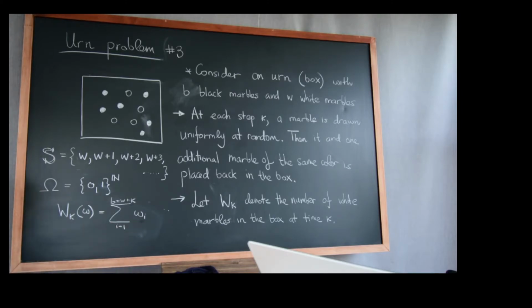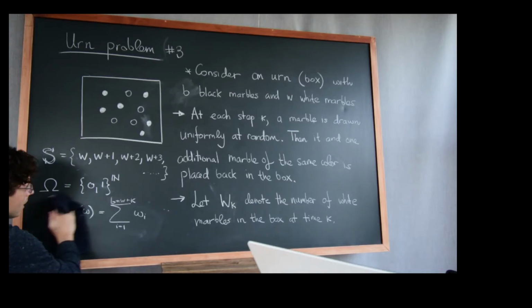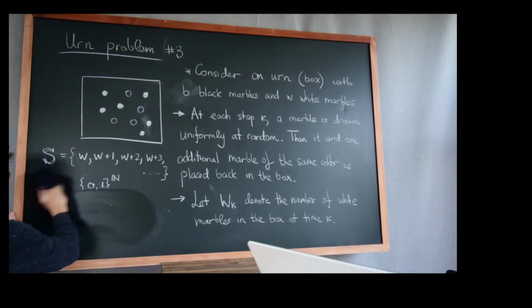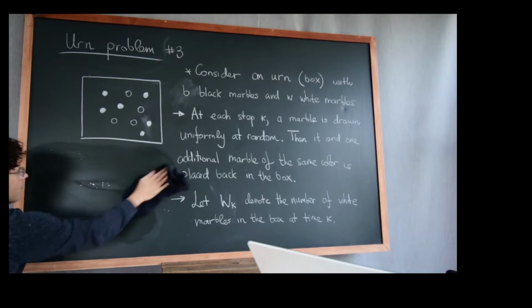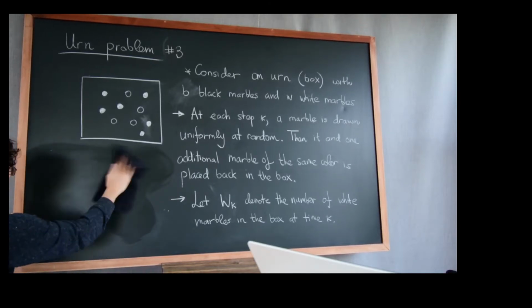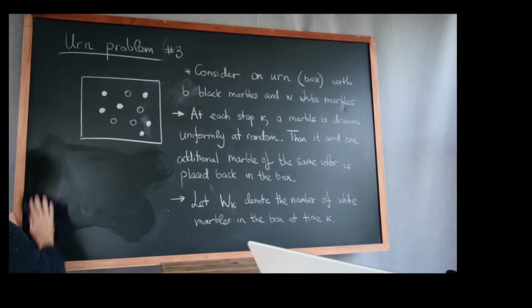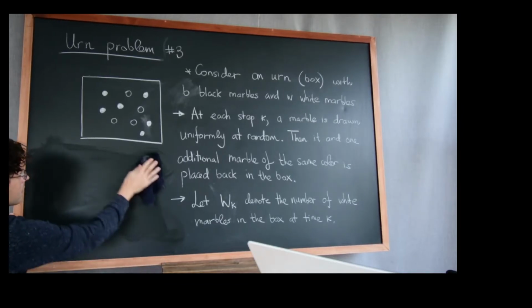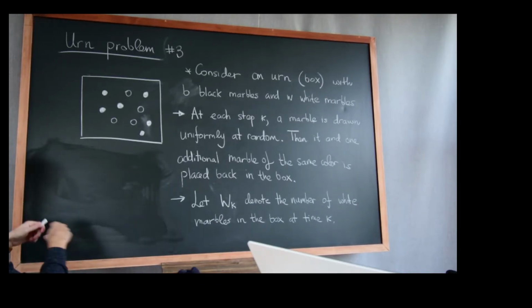So maybe something like this. But the main point I'm getting towards is that one main distinction between this problem and the previous ones is that the number of marbles is growing, and maybe this could motivate a definition of a new variable for us that could help us determine the transition probability as well.